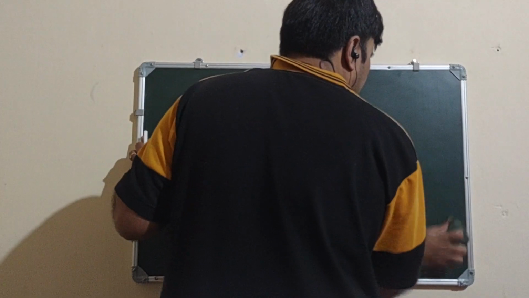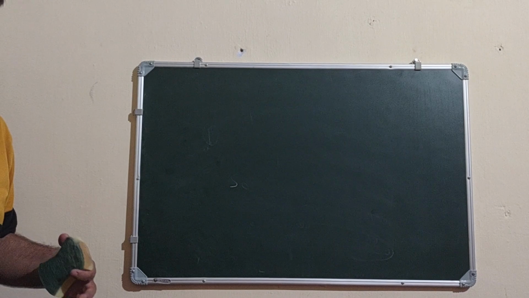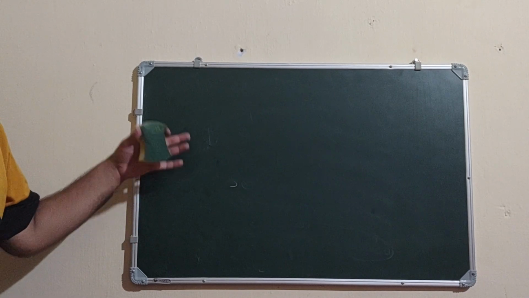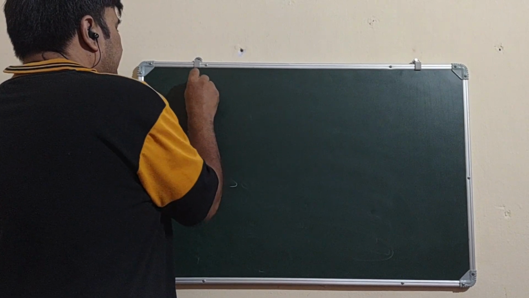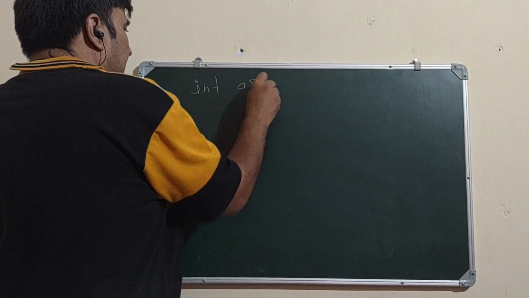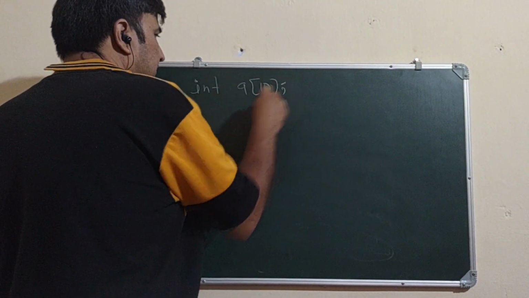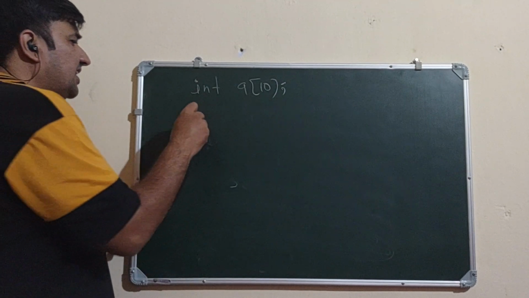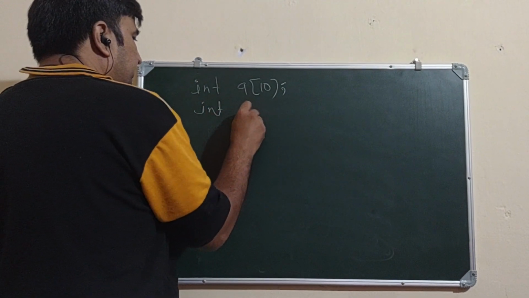Now we are going to see how pointers can be useful to access array elements. So now let us assume I create an integer array a of 10. After that I create a pointer to an integer.